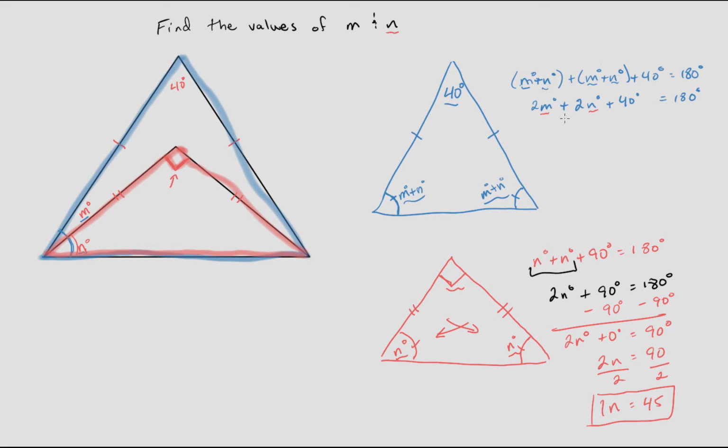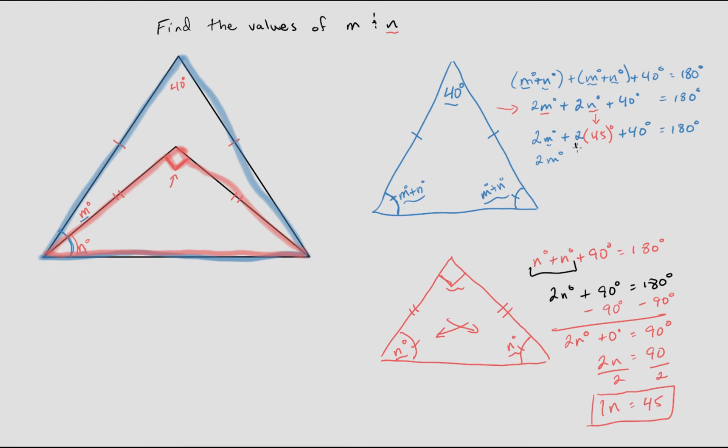And what I can do is I can come back up to this equation that I just kind of set aside for a moment there, and I can replace any of the n's in it with 45. Then I'll go ahead and write out everything else and see if this equation is now solvable. And you know what? I'm only seeing one variable now, so yeah, I can totally solve this.